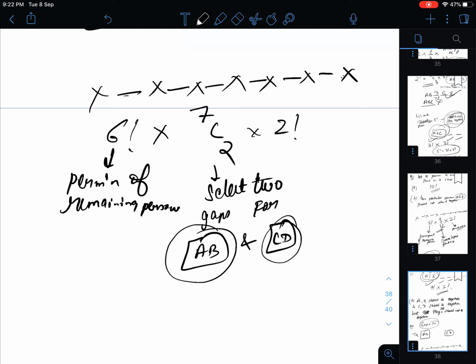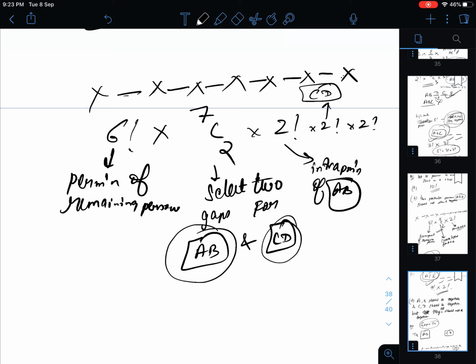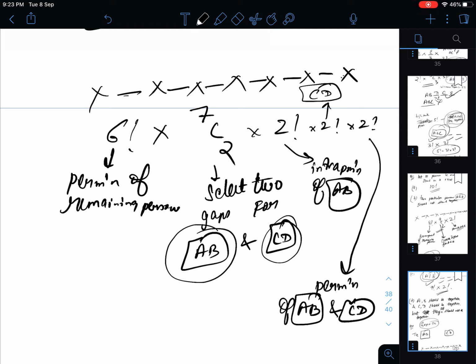This 2 factorial is intra permutation of AB, into 2 factorial, which is intra permutation of CD, into 2 factorial, which is the permutation of AB and CD. Okay, and this is your answer.